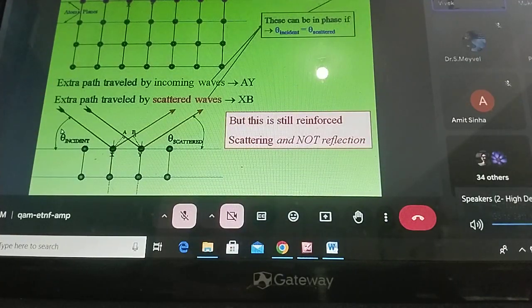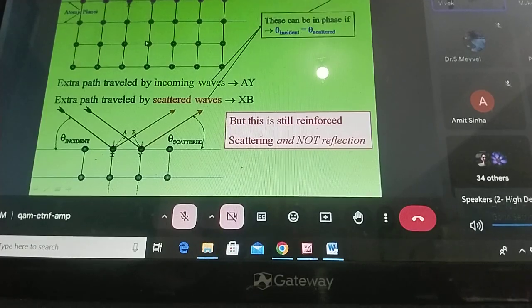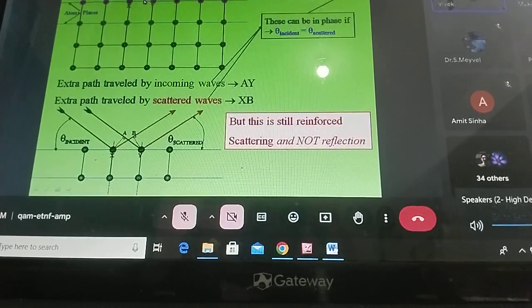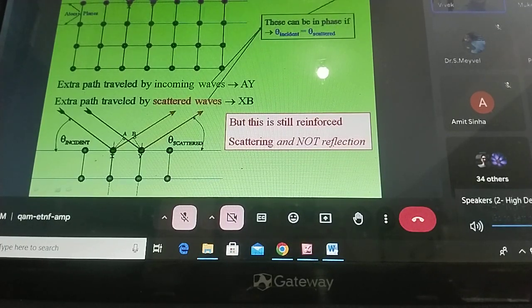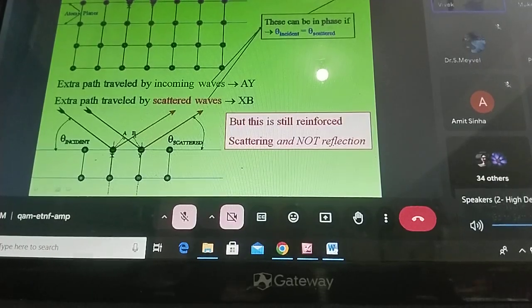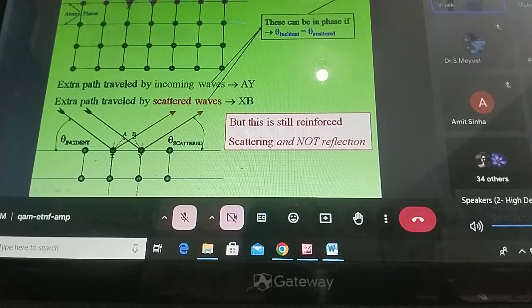So you can see this is in-plane scattering. Let us consider in-plane scattering. X-rays fall on this atom of the lattice and get scattered. Similarly on Y they get scattered. Now what happens? This ray has traveled an extra distance XA, and the other ray, the green ray, has traveled the extra distance YB.